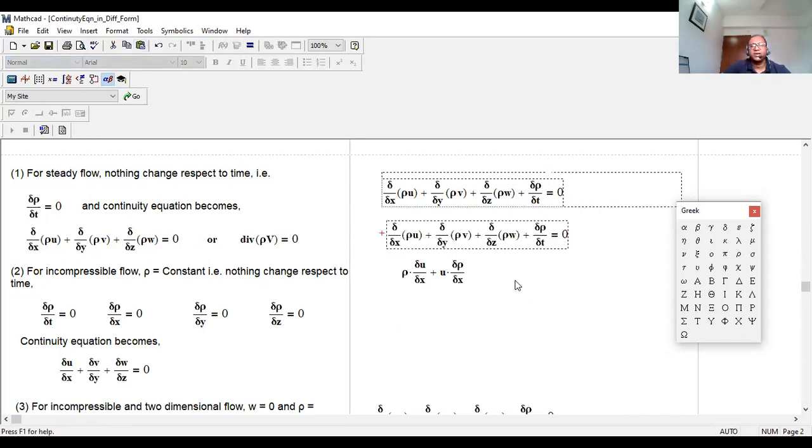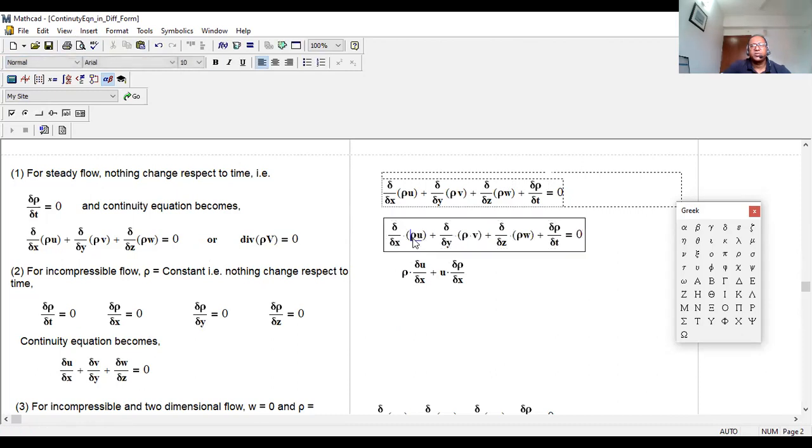Writing over here, since ρ is constant, I take that ρ out as common, and this term is already 0, so I can delete this term. Now I miss the ρ, right?